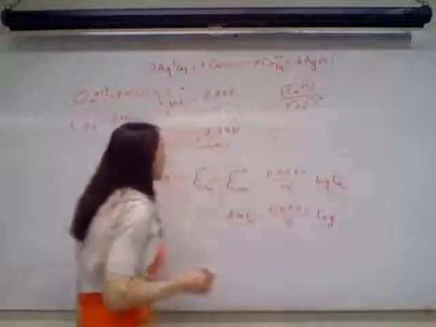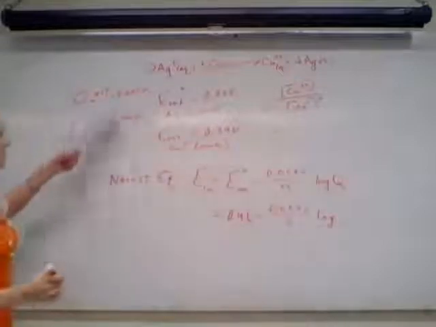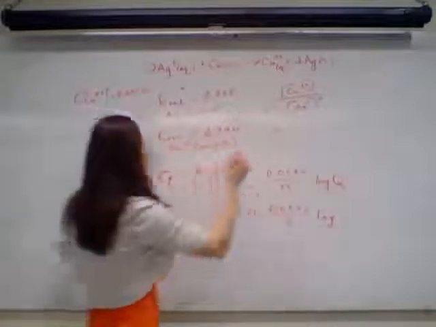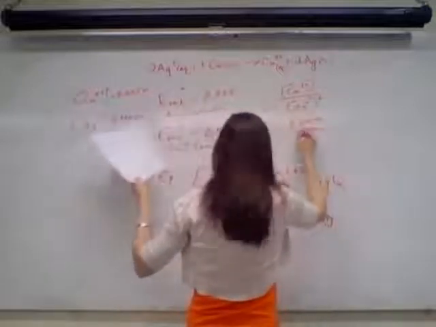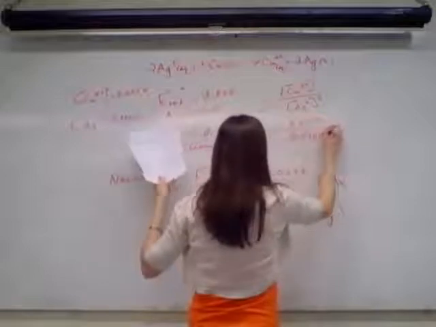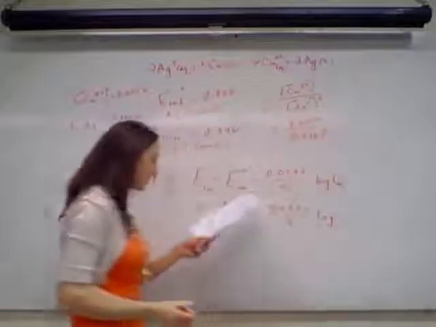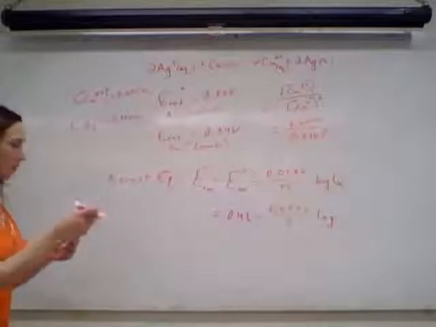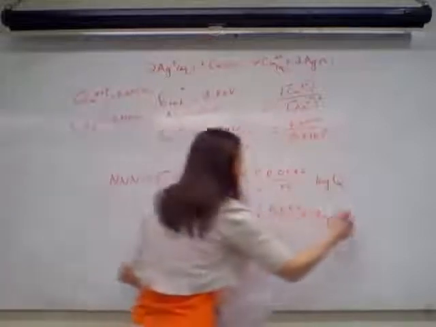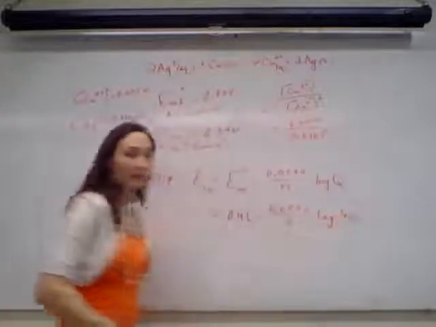So then I'm just plugging in the values that I was given for the concentrations that I do have if they're not 1 molar. And so I have 0.045 molar divided by 0.010, and that is squared, so make sure you do that. That all comes out to be 450. And so this is going to be the log of 450 that I plug in there.